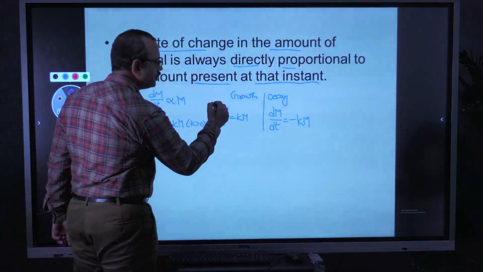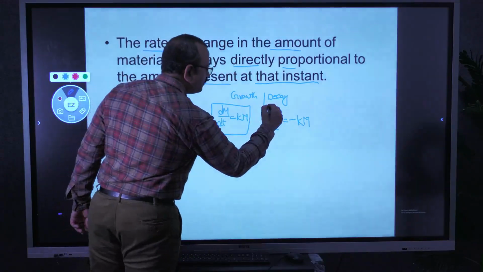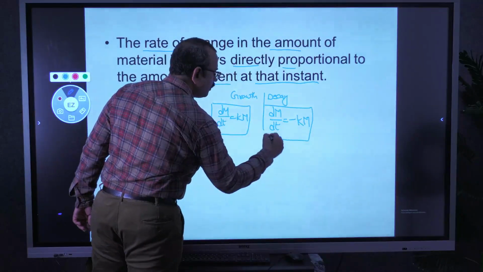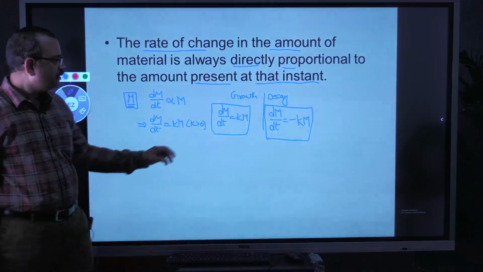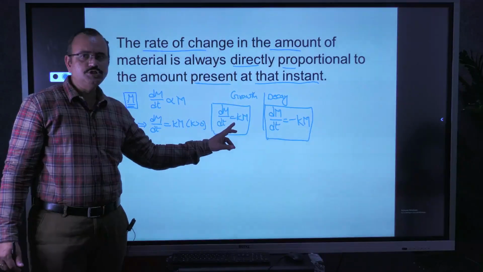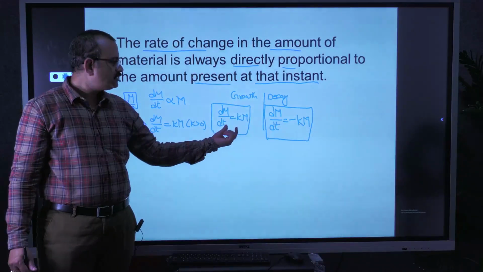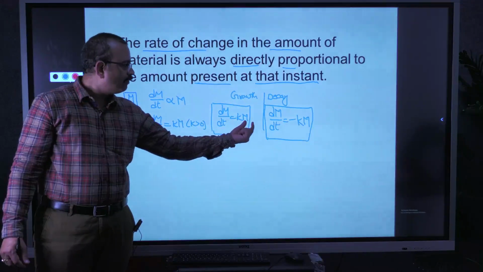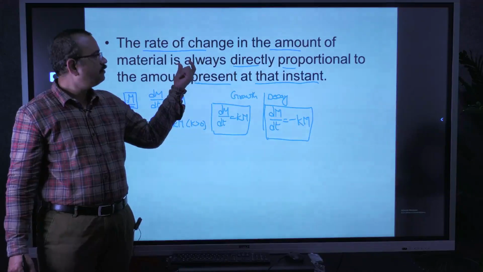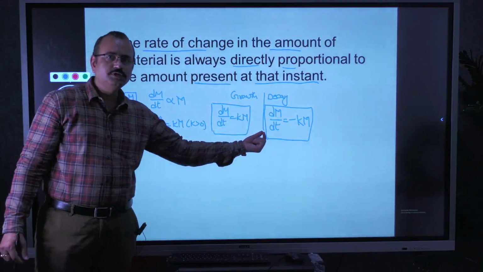If we remember these two things, we can easily solve the problems related to this. Growth means positive and decay means negative. So this is the first order and first degree differential equation governing the law of growth or decay.